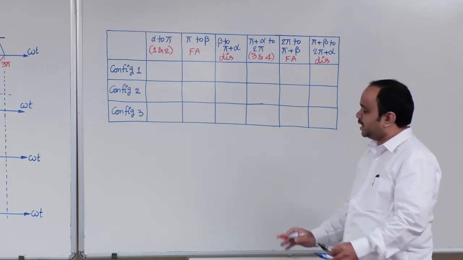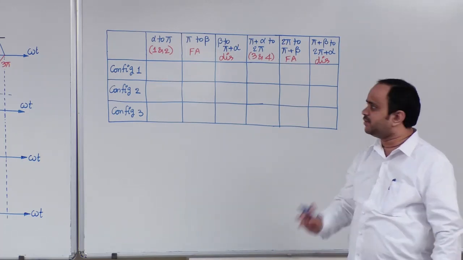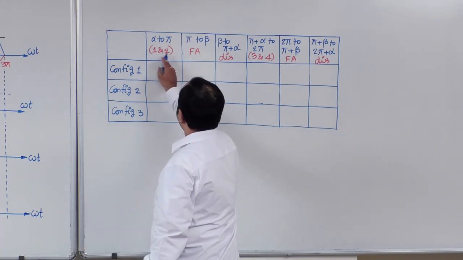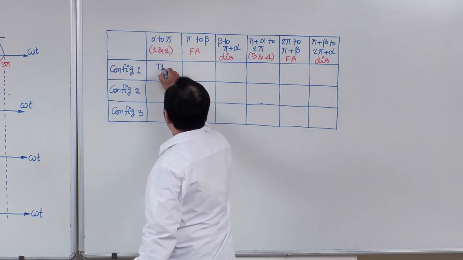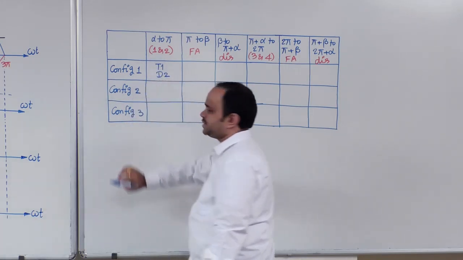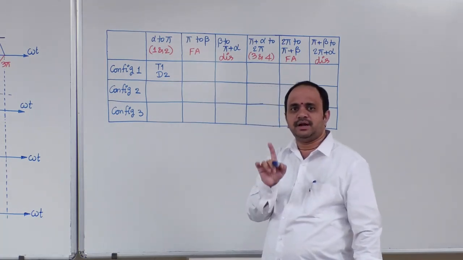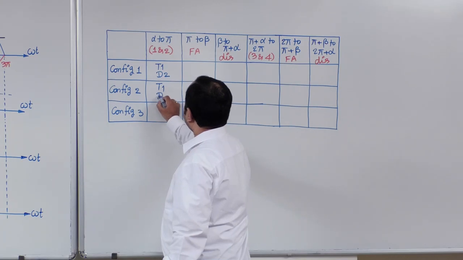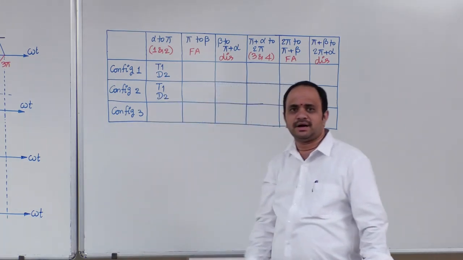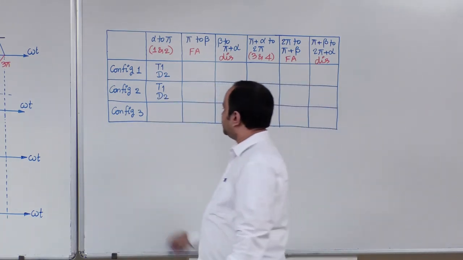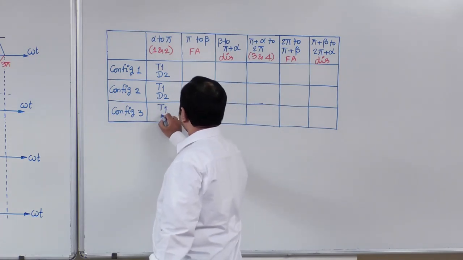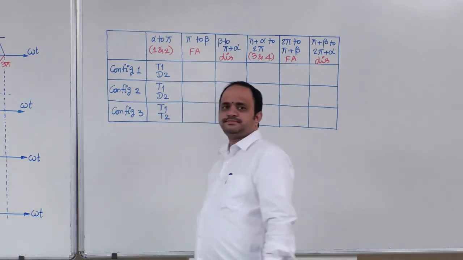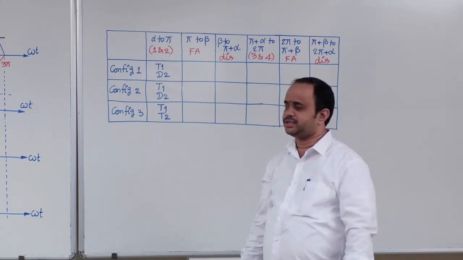Okay, now in case of first configuration, what are the devices at first and second position? That is T1 and D2. Whereas in the second configuration also the devices are T1 and D2. In the third configuration, these devices are T1 and D2.